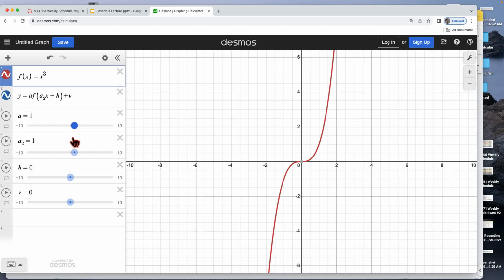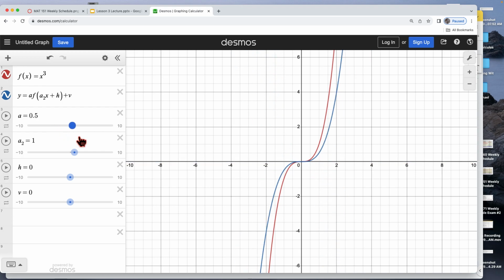Again, if we move the vertical, we can move it up or down. Same thing. We can move it left or right, but again, positives move it to the left, negatives move it to the right. And then we can also do a stretch or a compression or a reflection as well.